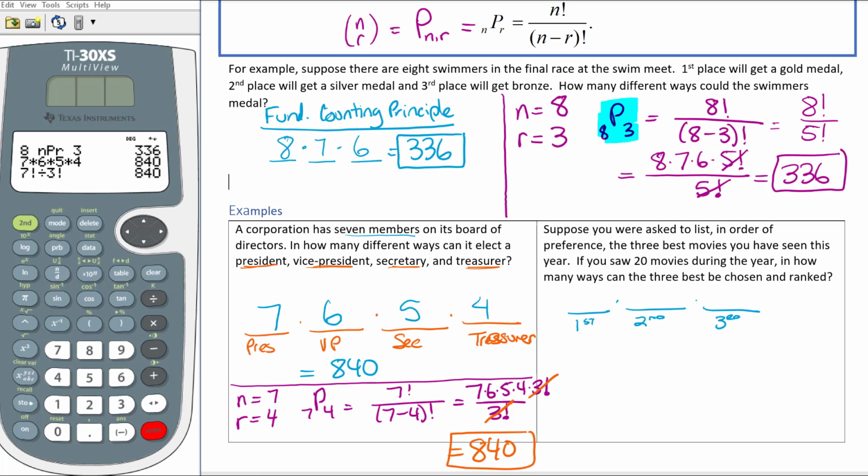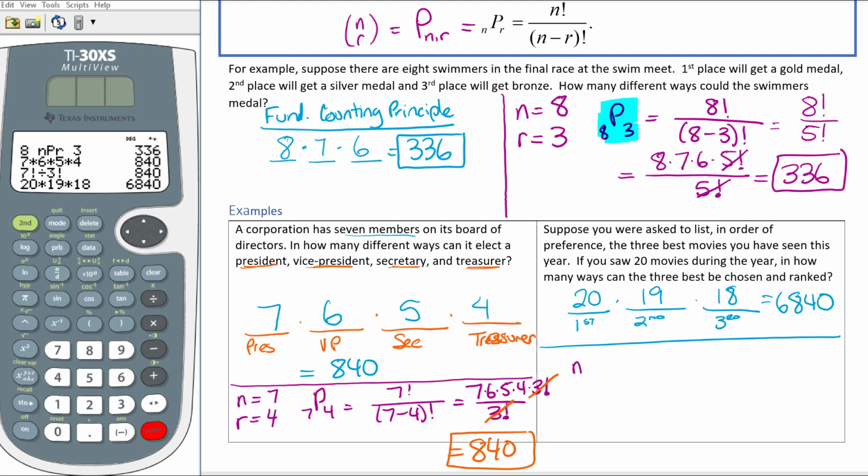So that gives us 20 different options for the first best movie out of the 20 that you happen to see. Because you've already assigned one to be the best, you have only 19 left, and then you only have 18 left for the last spot. So 20 times 19 times 18 using the fundamental counting principle gets us 6,840 different ways that you could assign the top 3 movies of the year, in your opinion.